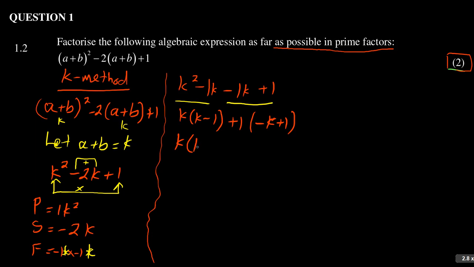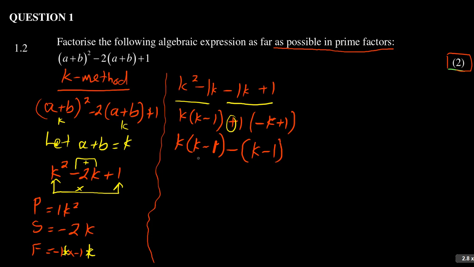So when you do that, you will have k minus 1, and then you take out a negative, and that negative will affect the sign. The sign was positive, but now it will turn into a negative, and everything inside the brackets will interchange the signs. What was negative will become positive, what was positive will become negative.